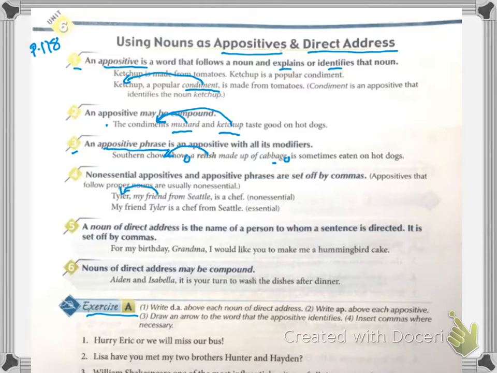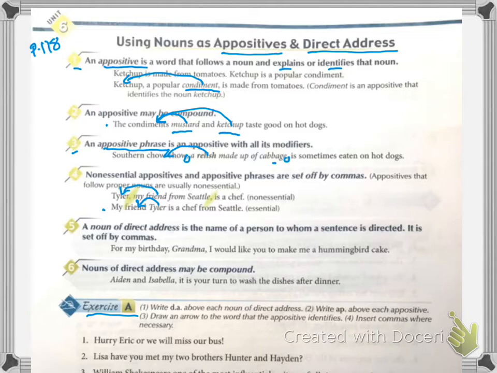Because it's a phrase, and because it follows a proper noun, capitalized, I'm going to set it apart with commas there and there. Compare it with the next one. My friend Tyler is a chef from Seattle. So friend is a common noun. Since Tyler, the appositive, comes after a common noun, I'm not going to need a comma.